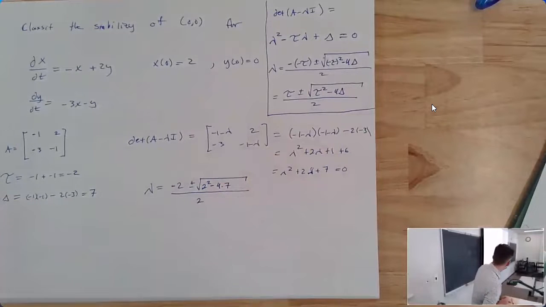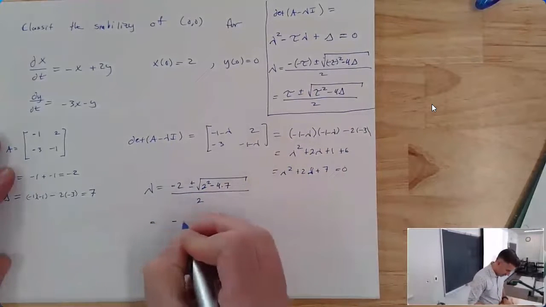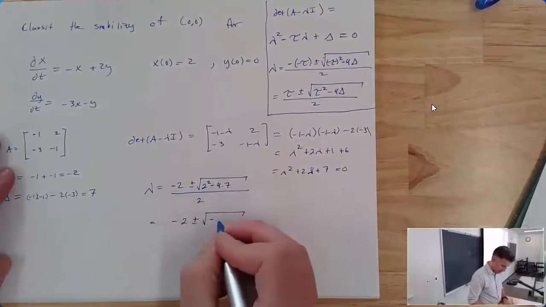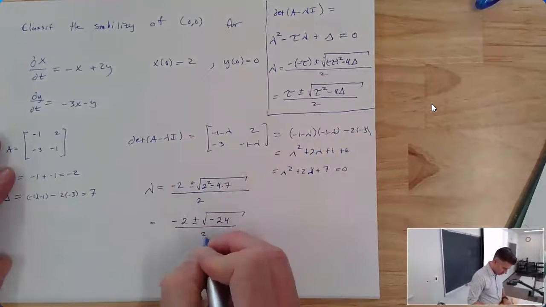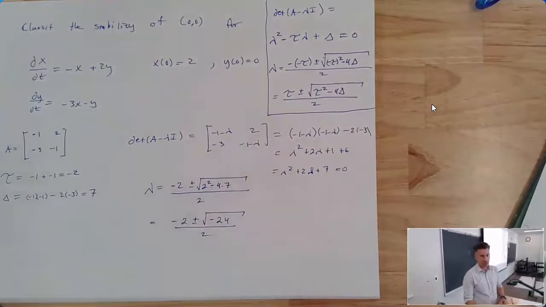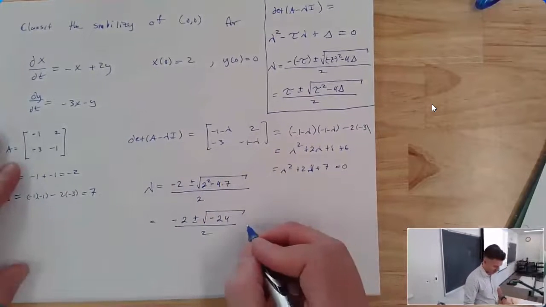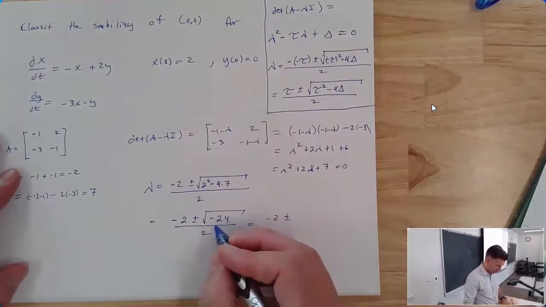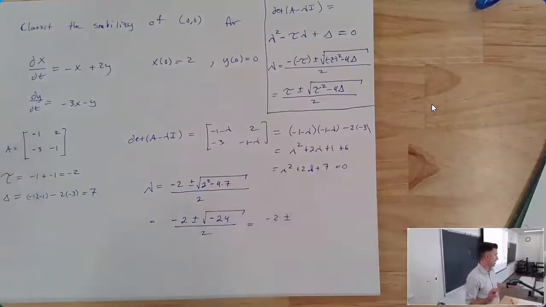And we can observe that the discriminant, the thing inside the square root, is definitely a negative number. So this equals negative 2 plus or minus the square root of 4 minus 28, which is negative 24, all over 2. We should probably simplify it. The square root of 24: 24 is 4 times 6, and the square root of 4 is 2.